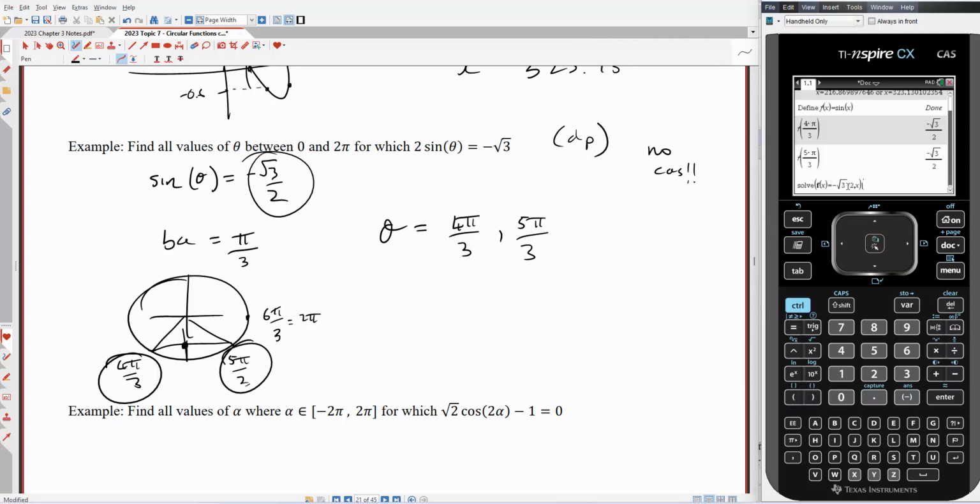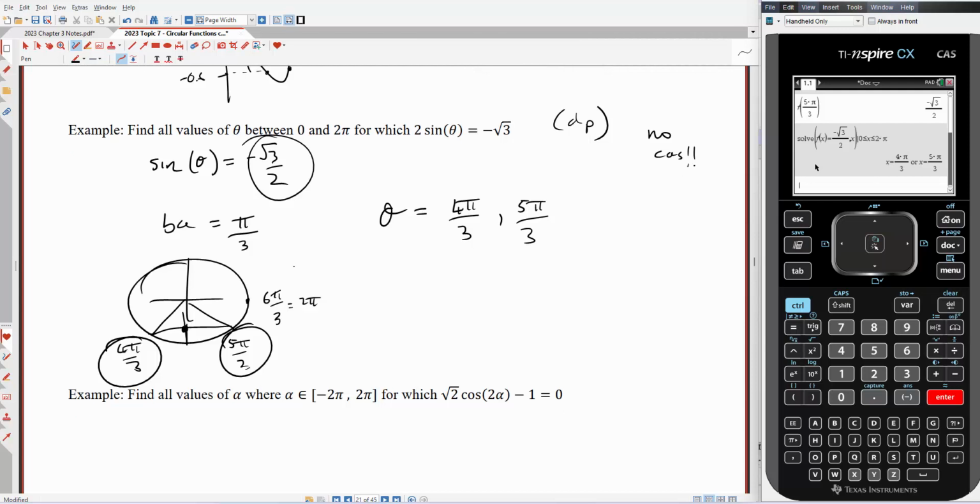It is a general solution that we're going to get unless we give a restricted domain. So it's between 0 and 2 pi. So 0, and I find this again really clumsy, less than x, less than, what was it, 2 times pi. Alright, and we can see there that on the solve it gave us the two solutions. Okay, so there we have it. All right, let's get on to the next question.